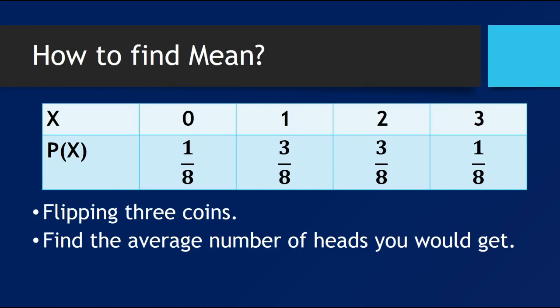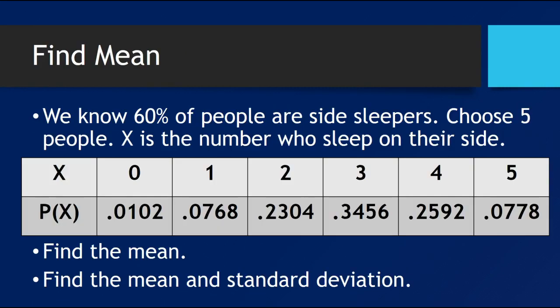Okay, I don't have that data. Same thing with this. If we know we're choosing 5 people, we're doing this sort of theoretically, and therefore we don't know how many samples of size 5 we would have chosen to get these probabilities.